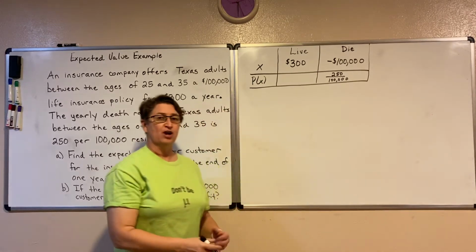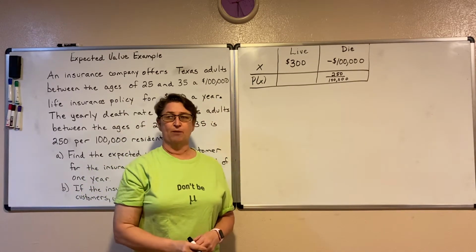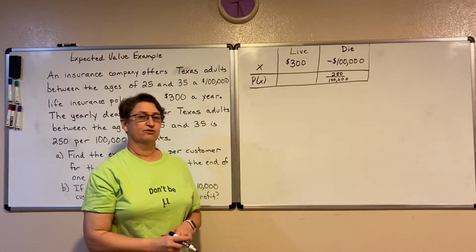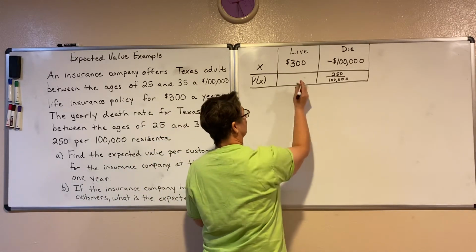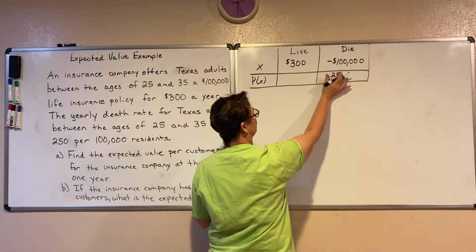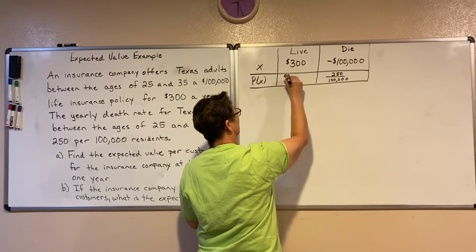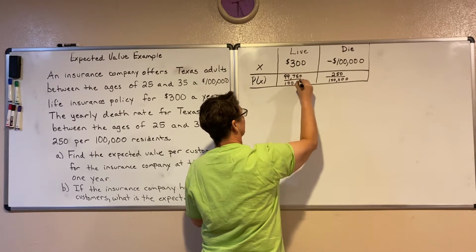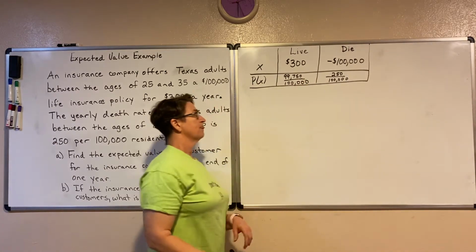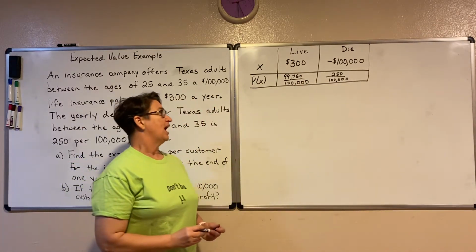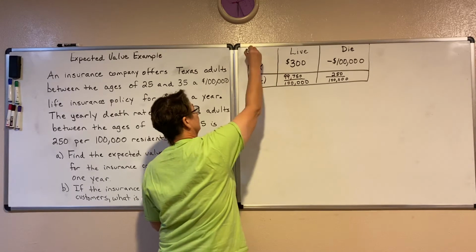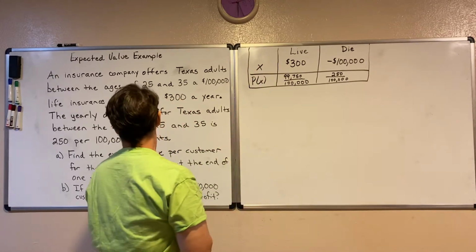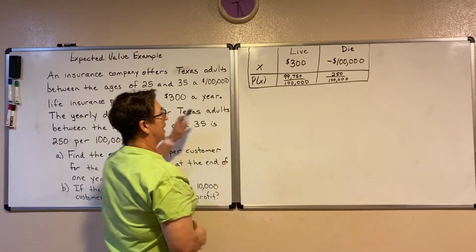That means that the complement of that is going to be the probability that someone lives. So the probability that someone lives is 100,000 minus the 250, which gives me 99,750 out of the 100,000.